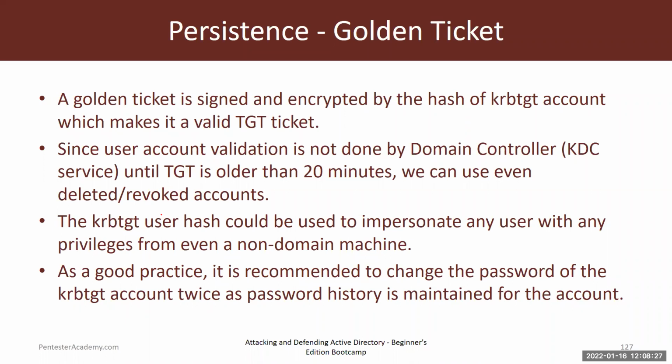Once you have the secrets of the krbtgt account, you can create a golden ticket even from a non-domain joined machine. All you need is access to Kerberos port 88 on the DC, the network access to it. That's it.